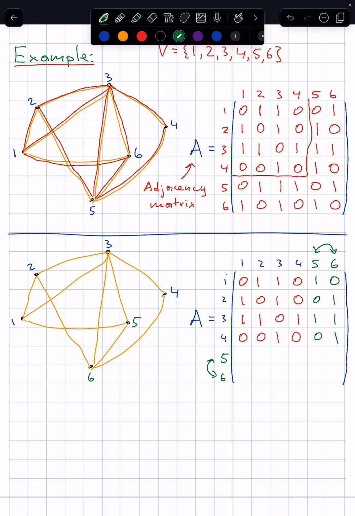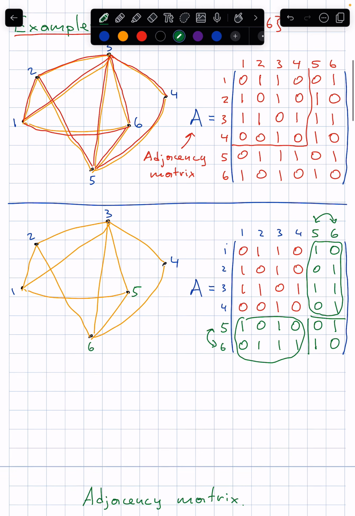So we just need to switch them because the vertices got switched. And here by symmetry, same thing. And then the last 4 entries: on the diagonal we still get zeros, and 5 and 6 are still connected. So basically nothing happens in this quadrant as well. The only portions that changed actually are these two. All right, very good. So those are matrices.